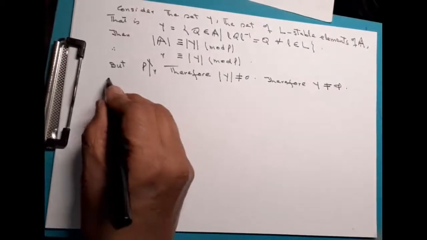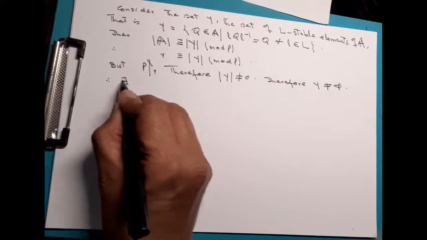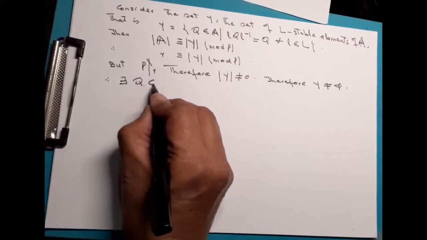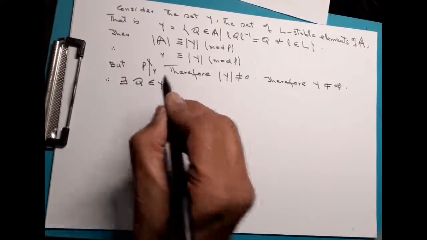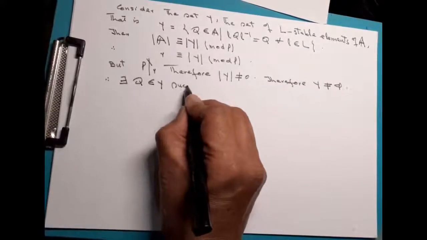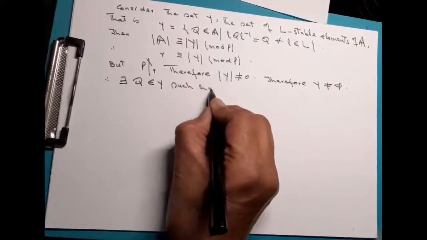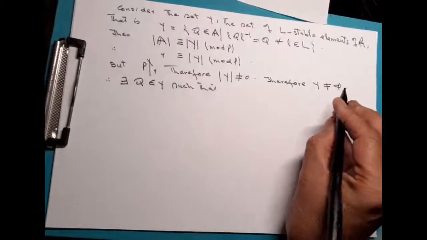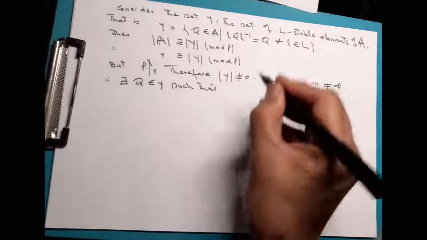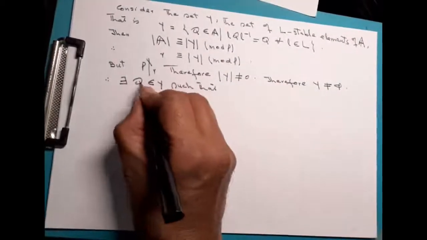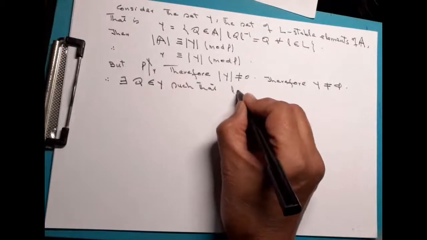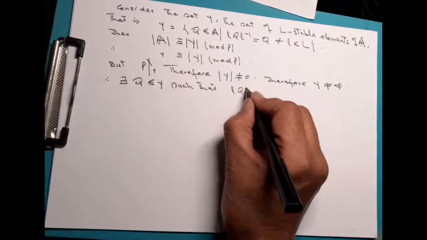Therefore there exists some element Q belonging to Y, such that the property of elements of Y is that when we act on that particular element, the result is the same element.